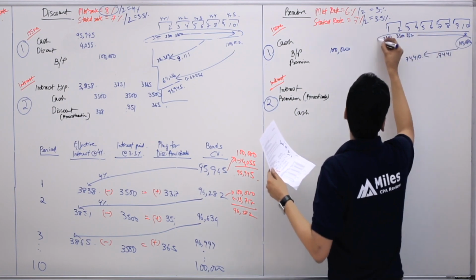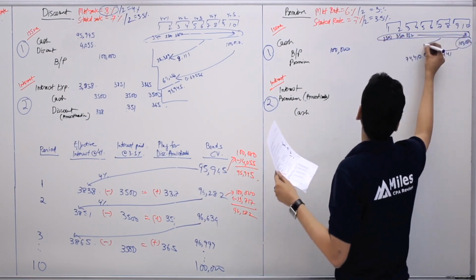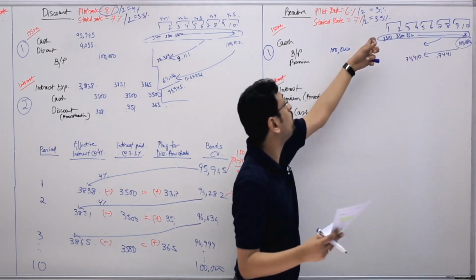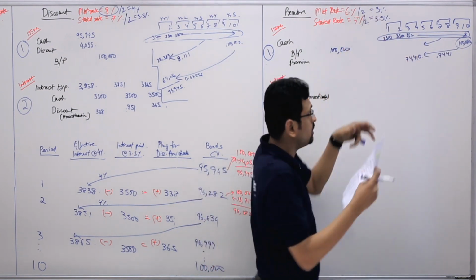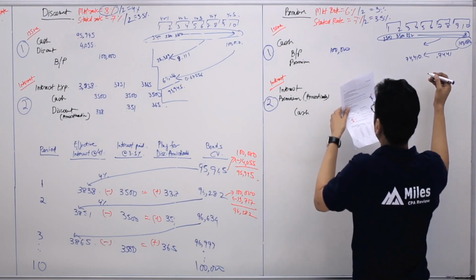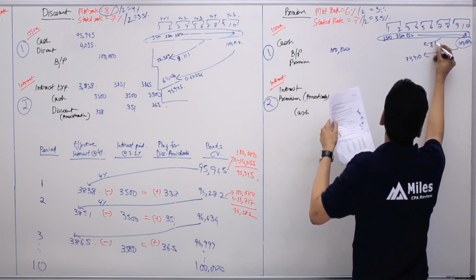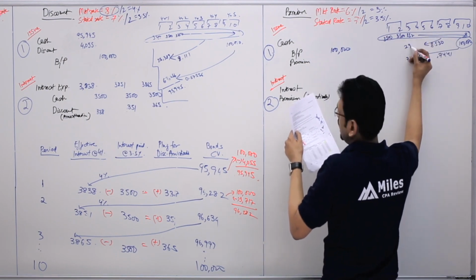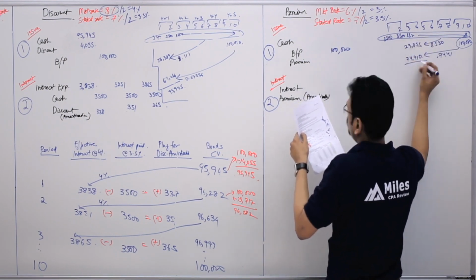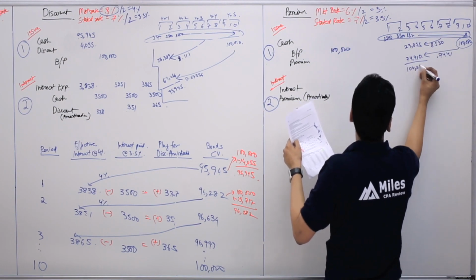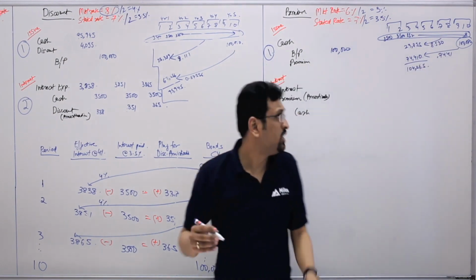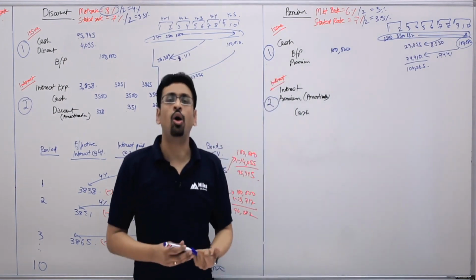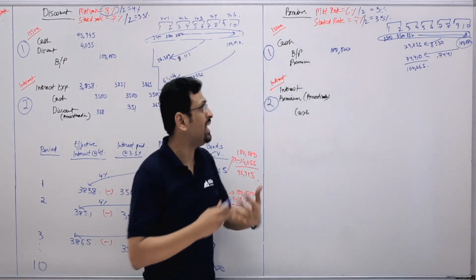Now if you discount this annuity of 3,500 over 10 periods at a discount rate of 3%, the factor is 8.530. So 3,500 times 8.530 is 29,855. The total is 104,265. So guys, looking at this discounting of annuity, what's the total amount of interest payments that you're making over the next 10 periods?